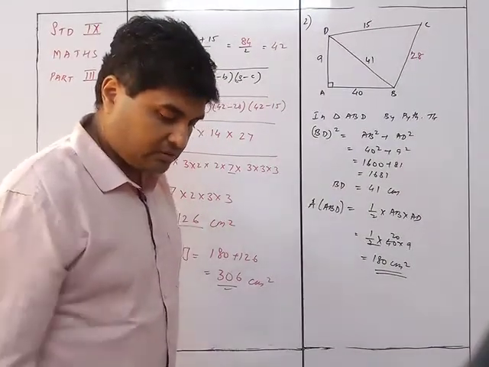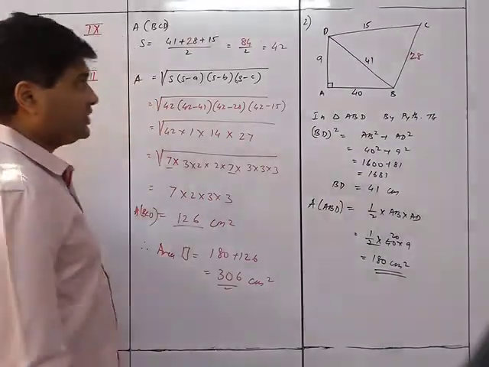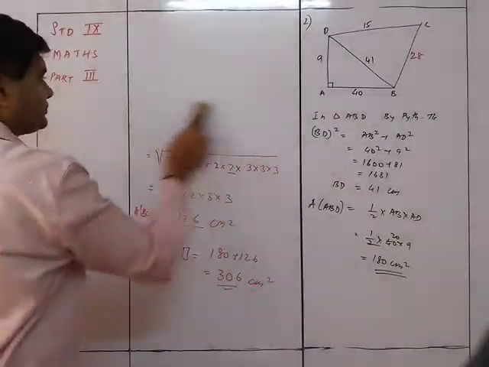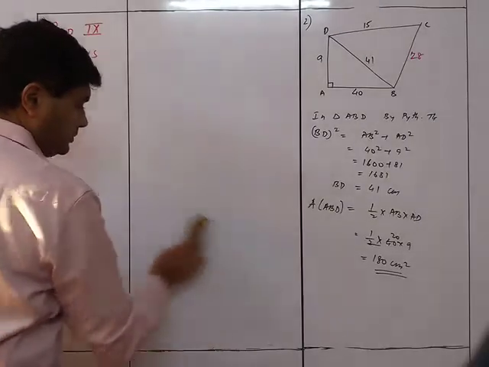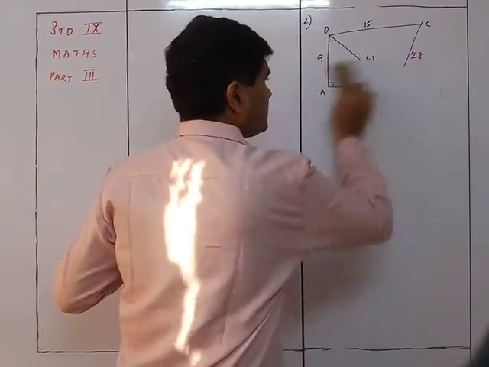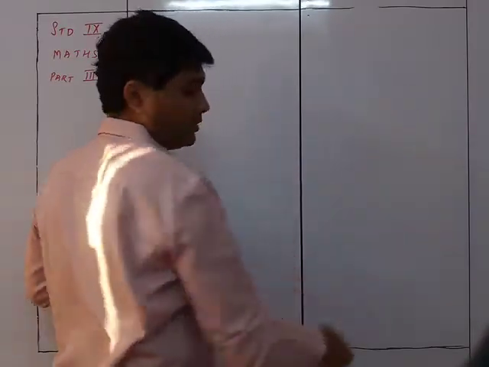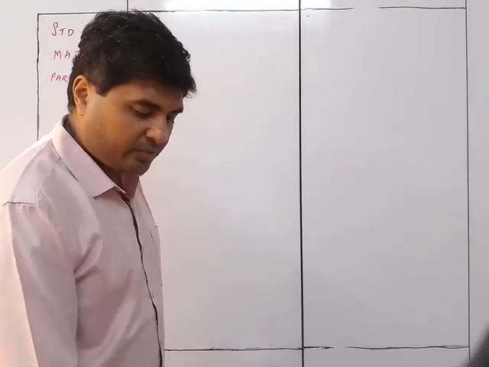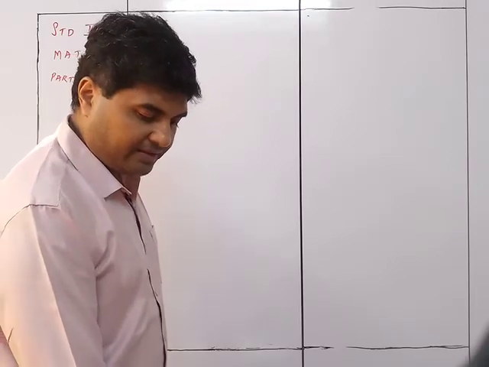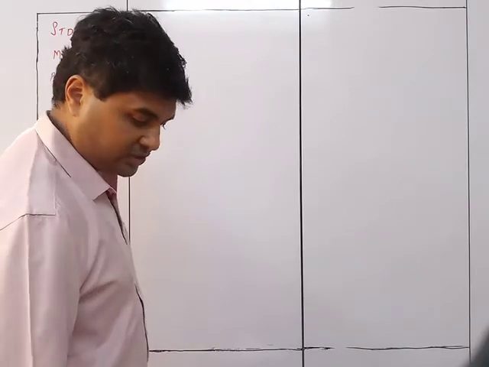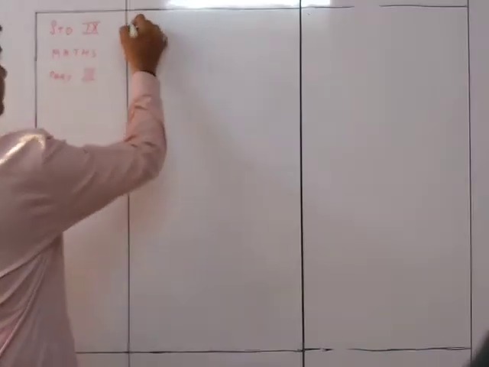So that was question number 2. Now we move on to question number 4. Find the area of a quadrilateral ABCD in which angle B is 90 degrees, AB is 6, BC is 8 and CD and AD are 13 each. So again a similar kind.